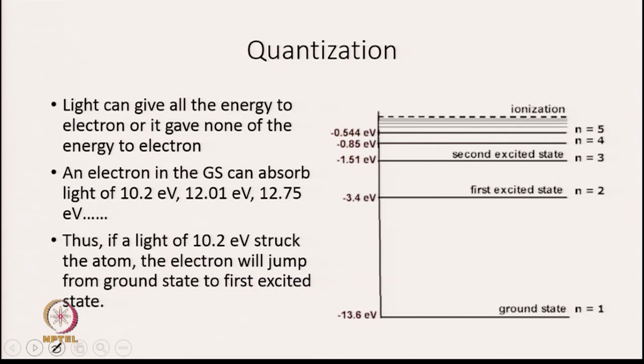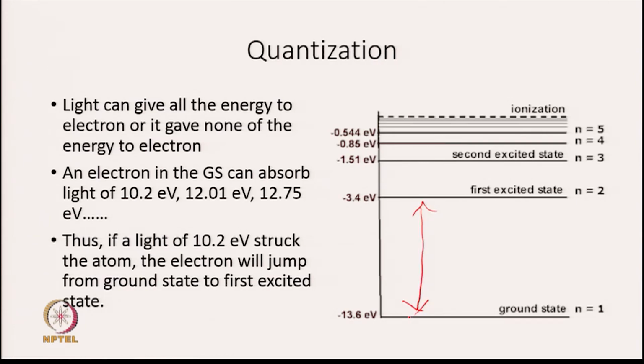It will only absorb energy if the photon has energy 10.2 electron volt or 12.01 electron volt. How does this 10.2 electron volt come? This is basically the difference between these two energy levels.